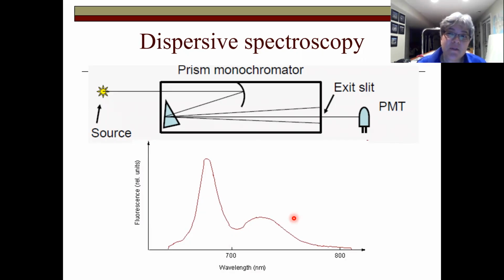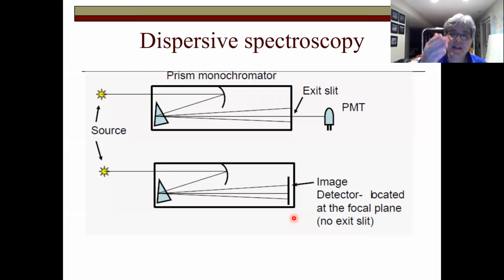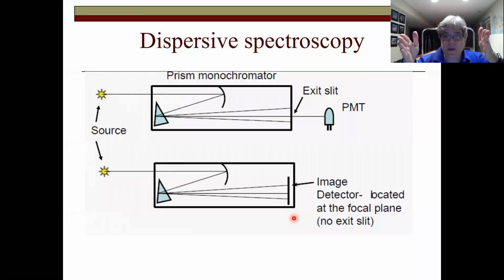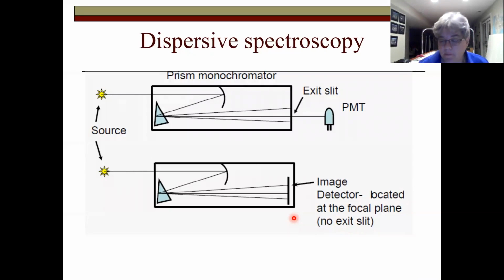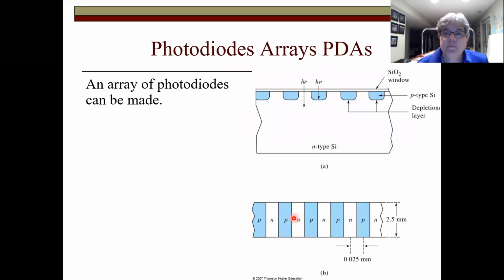Okay, now I told you there's another way you could do this. You could get a detector that was able to look at everything at the same time. You spread out all the wavelengths and measure them all together, at the same time. Okay, so if you put photodiodes in an array, which means we put a whole bunch of photodiodes one after another, we're going to make a whole row of photodiodes.